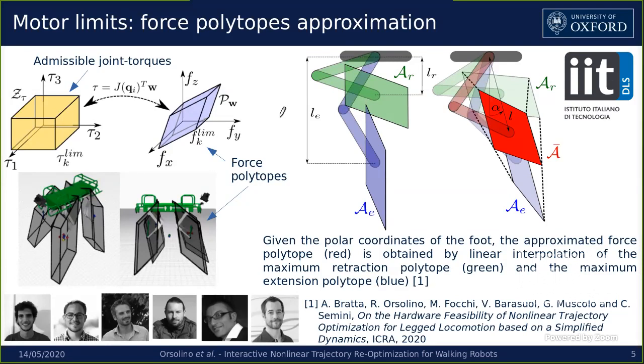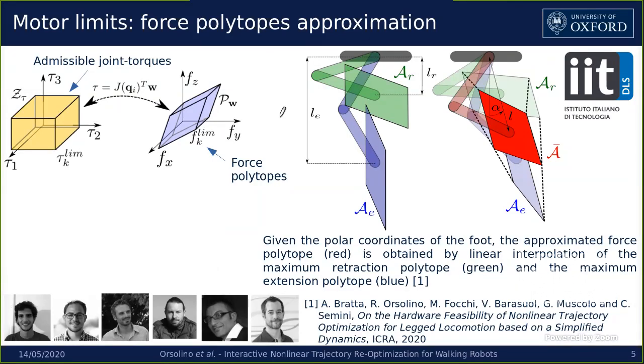So given those 2 polytopes and the position of the foot expressed in polar coordinates, you can obtain the approximation of the force polytope. Alongside this polytope approximation, we propose also the addition of other feasibility constraints that consider the foot size and the shin collision in the problem.